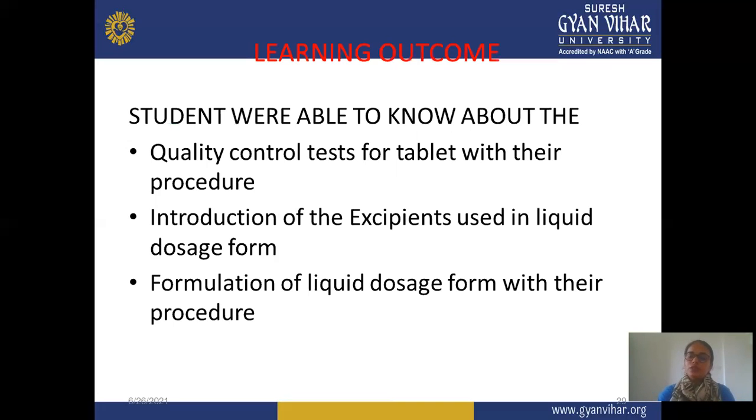Introduction of excipients used in liquid dosage form, meaning what the liquid dosage forms are, why you formulate them, certain problems, the excipients used, and how you check compatibility with each excipient. Next is formulation of liquid dosage form with procedure: how you formulate the different dosage forms, and the advantages and disadvantages, including excipients and procedure. In this we covered syrup, emulsion, suspension, and elixirs.